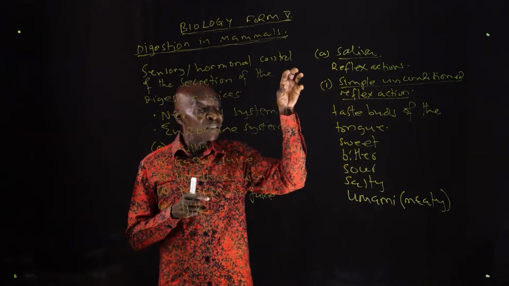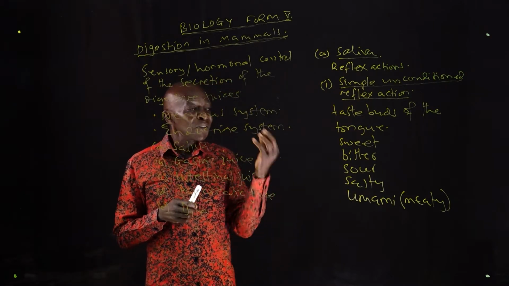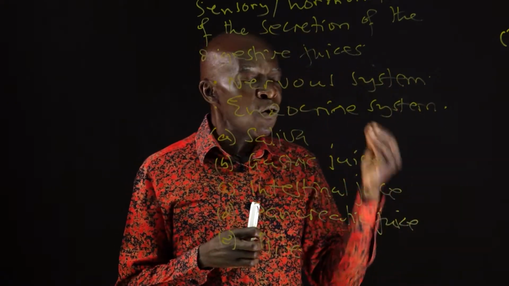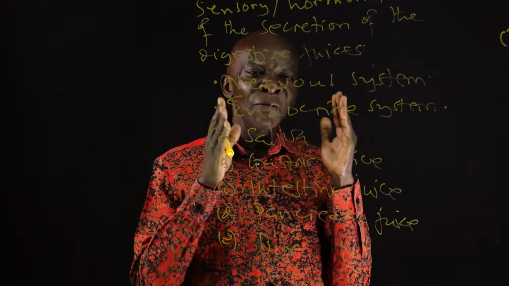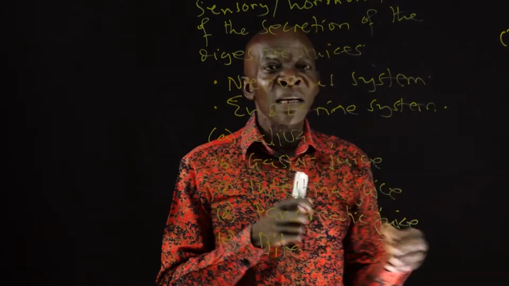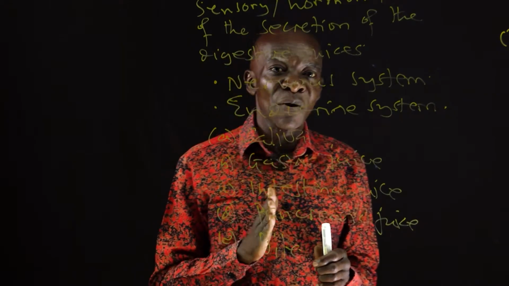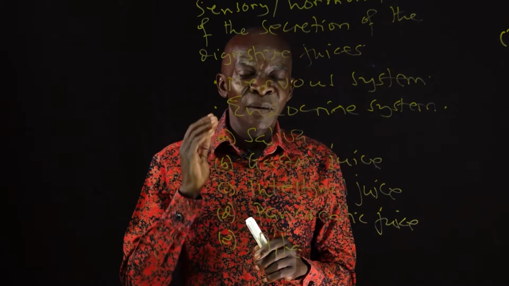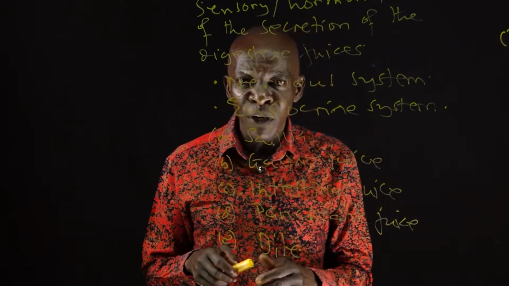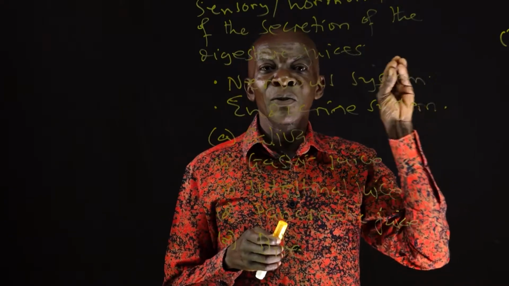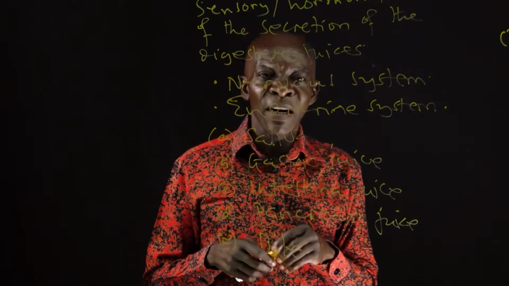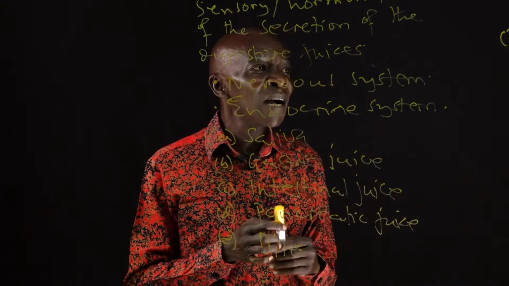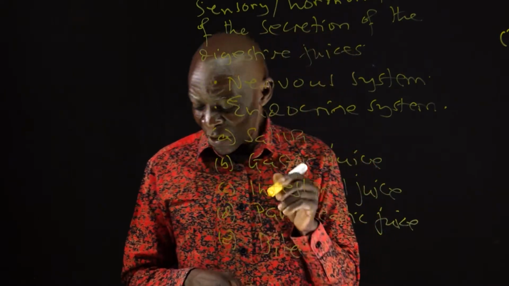Its contact with the taste buds will stimulate receptors sensitive to the different tastes. After these receptors have been stimulated, the sensory neuron carries the impulses to the brain. From the brain, the motor neuron fires the impulses to the effectors, the salivary glands, which in return respond by releasing saliva.